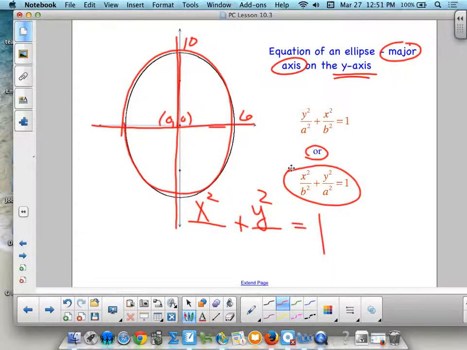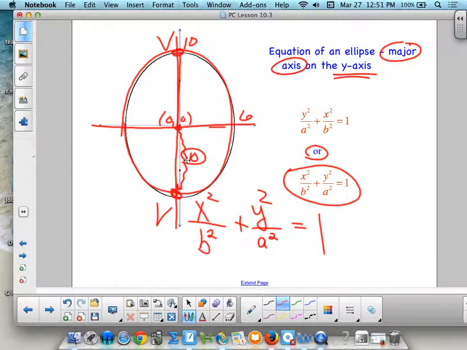Major axis is horizontal or vertical? It's vertical. That tells me a squared goes here, b squared goes here. What's a? From the center to the vertex. Where's the vertex? On the major or on the minor? It's on the major. So the a value is 10.